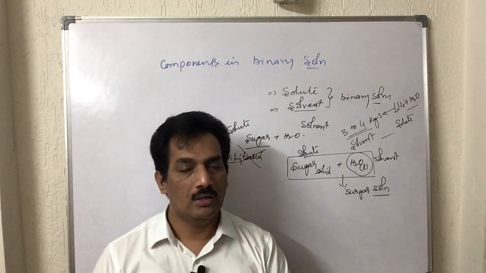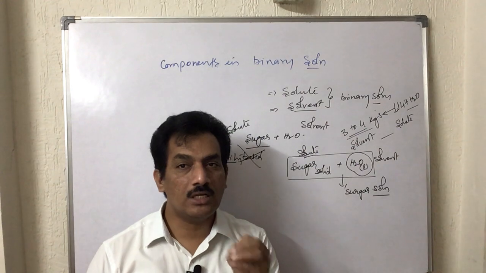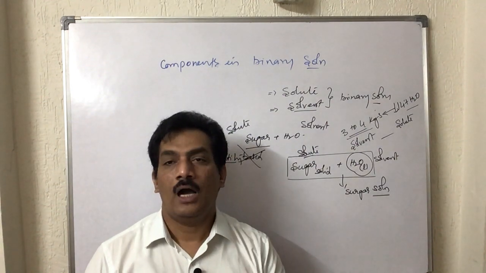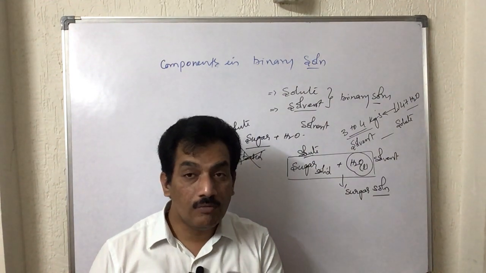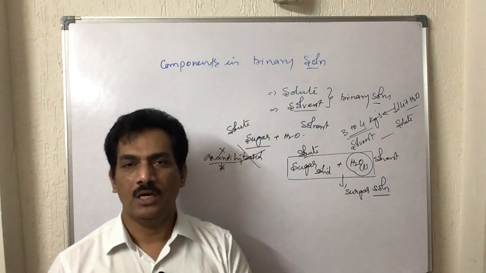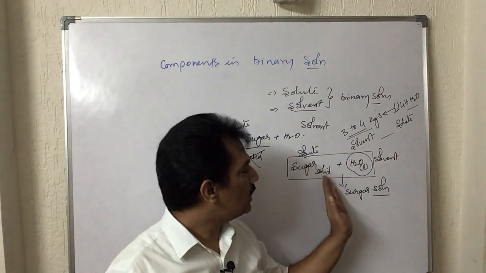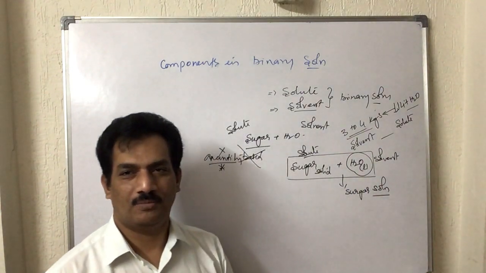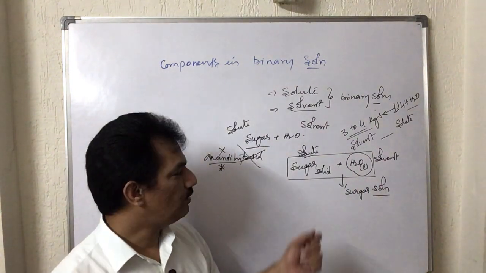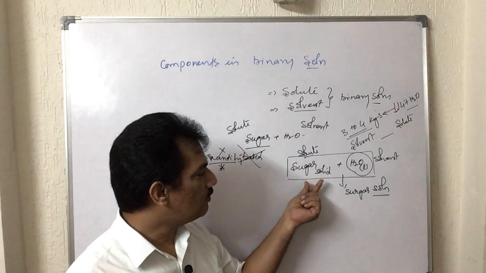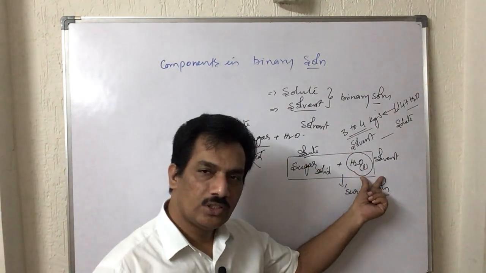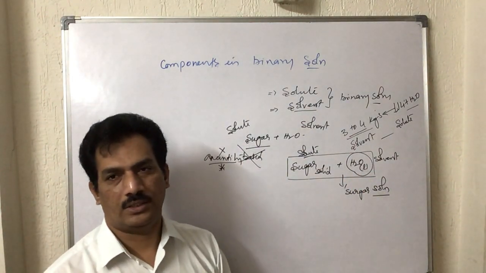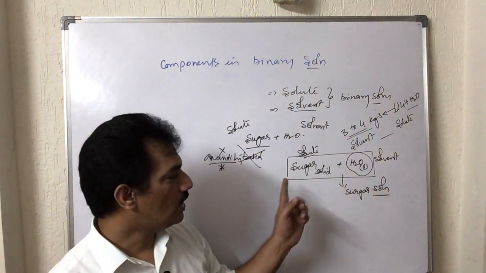Again I am repeating, solute is the substance that dissolves in solvent, and solvent is the substance in which solute is dissolved. Here sugar is dissolved in water, but water is not dissolved in sugar, is it not? That's why the substance which is dissolved is solute, and the one in which it is dissolved is solvent. Clear? So these are the two components.